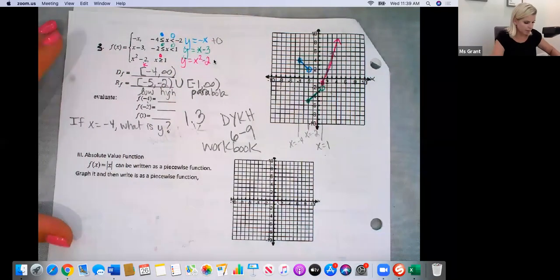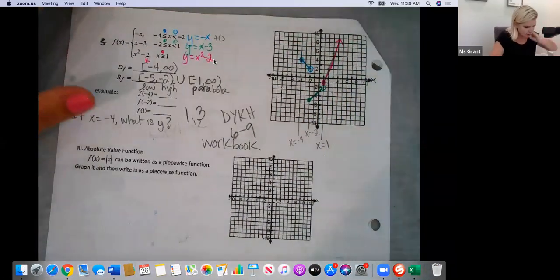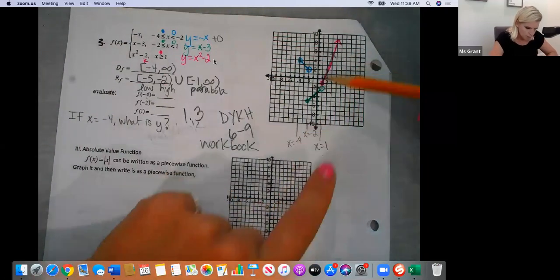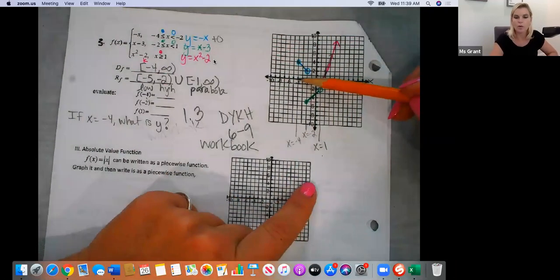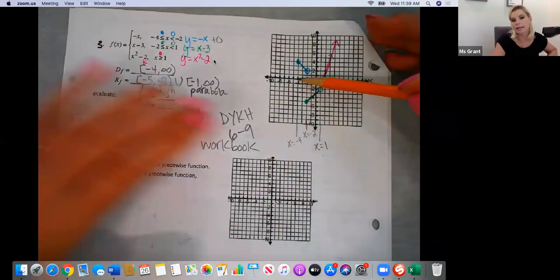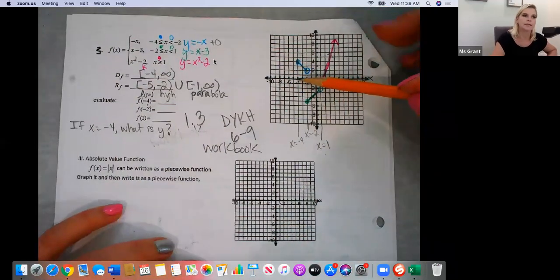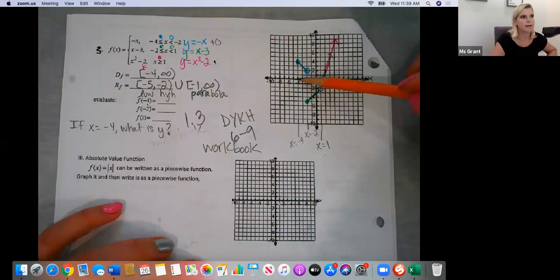So now I'm going to go to my graph, and I'm going to look, and I'm going to see that along the x-axis at -4, what's my y value that is included in my graph, that is drawn? What's my y value?